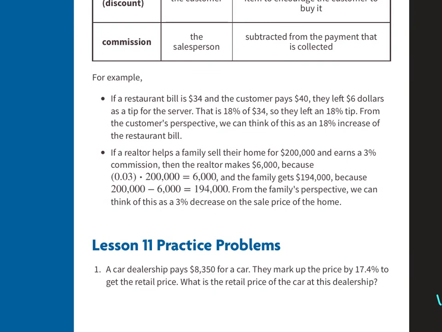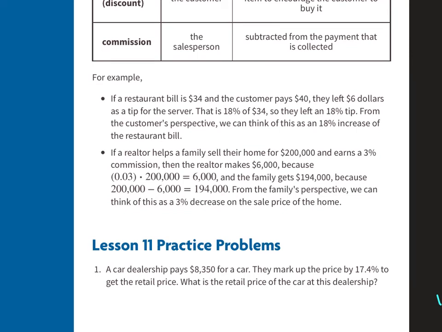For example, if a restaurant bill is $34, the customer pays $40, they left a $6 tip. So to figure out the percentage, 6 divided by 34 is 0.18, which is 18%. So they left an 18% tip. From the customer's perspective, we think this is an 18% increase of the bill.